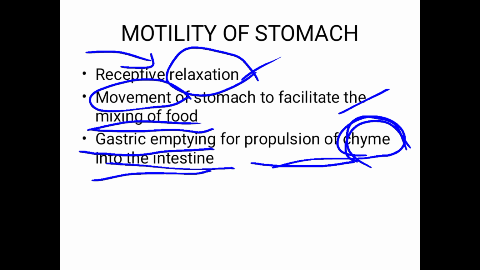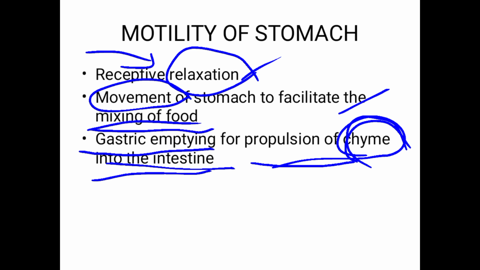This will prevent the build-up of tension in the wall of the smooth muscle. All the digestive tract walls are made up of smooth muscle, like the heart is made up of cardiac muscle. Your esophagus, stomach, urinary bladder, everything is made up of smooth muscle. So whenever I say muscle, you have to remember it is smooth muscle.